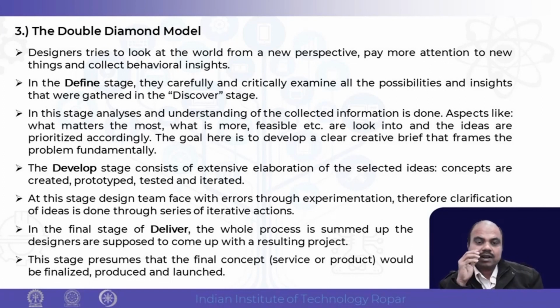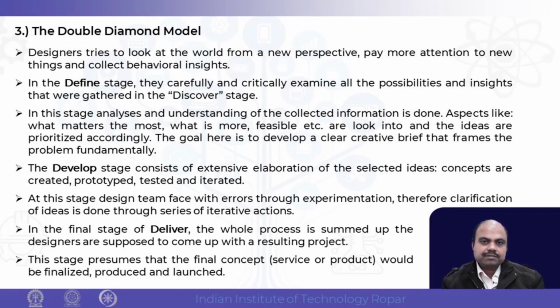So in this stage, we analyze and understand, and the collected information is organized. Aspects like what matters the most, what is more feasible, and what looks like, and the ideas, the prioritizing. The goal is to develop a creative brief and define the problem fundamentally.